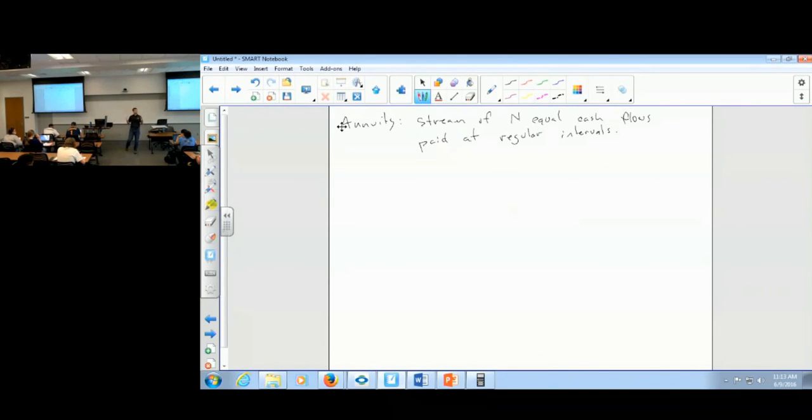We can build a generic one just like we did with a perpetuity and then play some algebra games and rearrange it. And what we'll end up with is a present value of an annuity formula that looks like this.